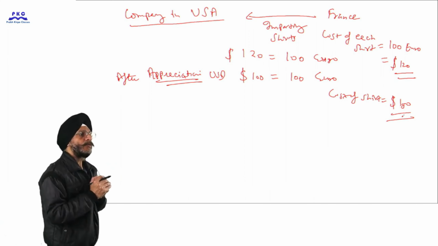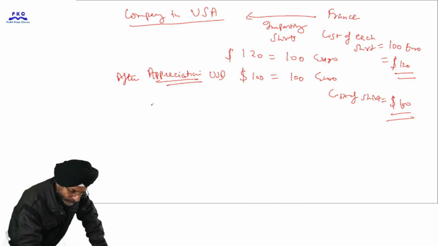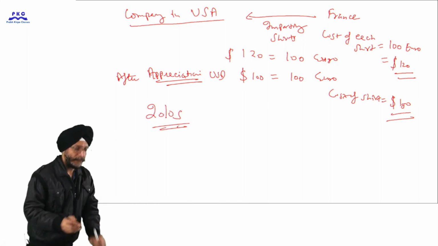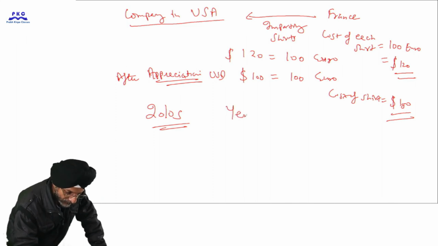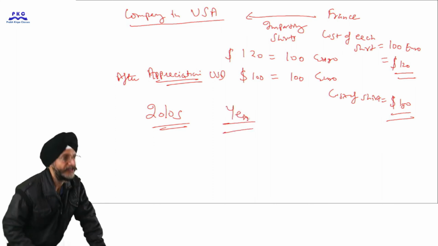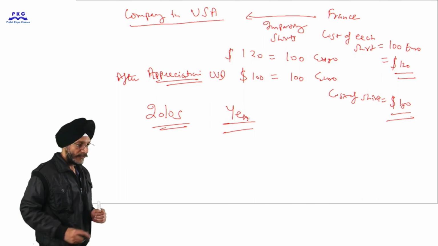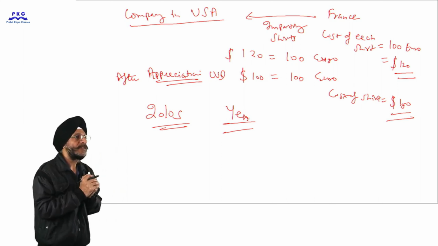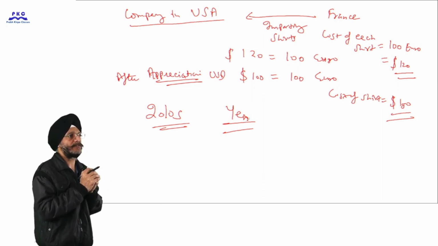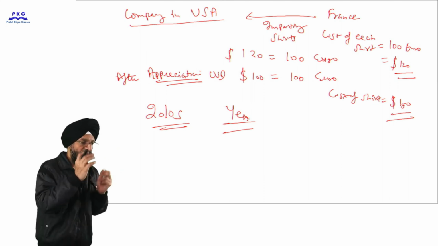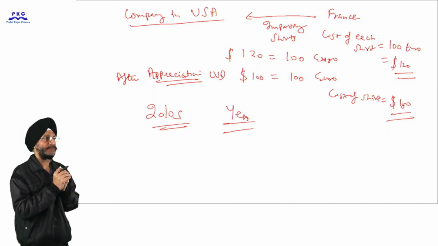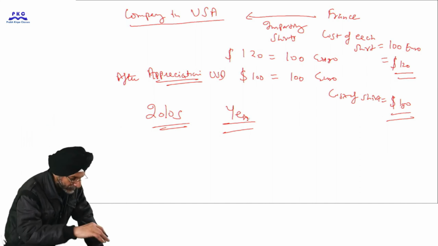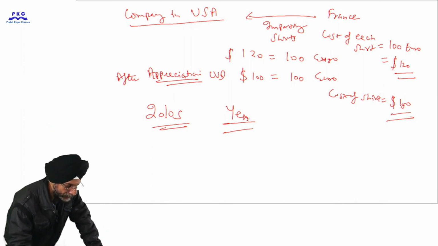In the early 2010s, the domestic currency of Japan, yen, had also appreciated. Because of the appreciation of the Japanese yen, the cost of foreign goods became cheaper for Japanese buyers. We can understand the same with the help of an example.